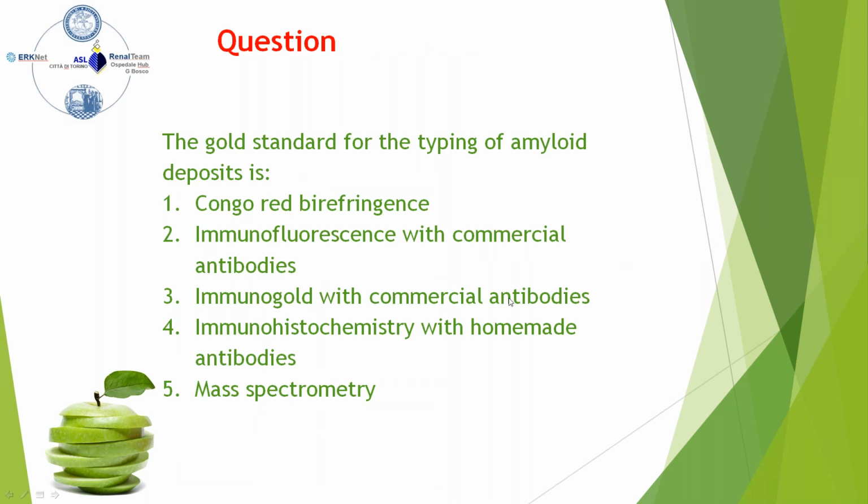It's now time for the second question. The gold standard for the typing of amyloid deposits is: Congo red birefringence, immunofluorescence with commercial antibodies, immunogold with commercial antibodies, immunohistochemistry with homemade antibodies, or mass spectrometry.